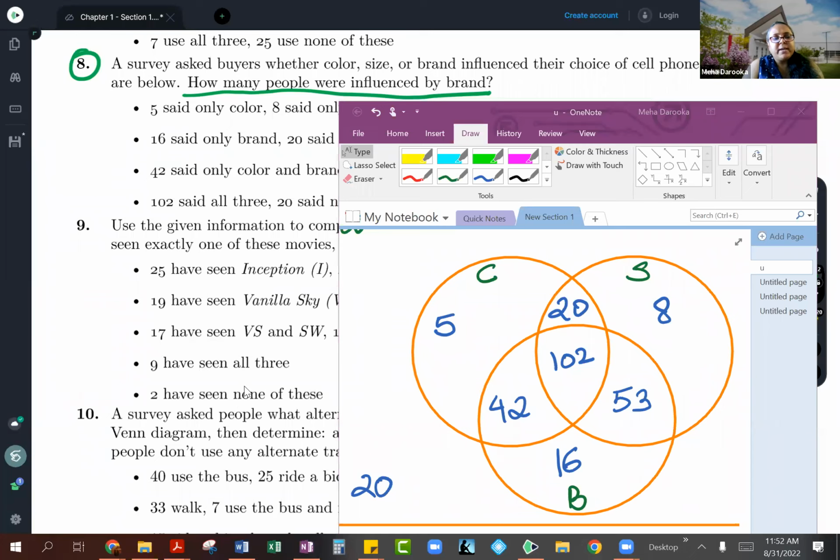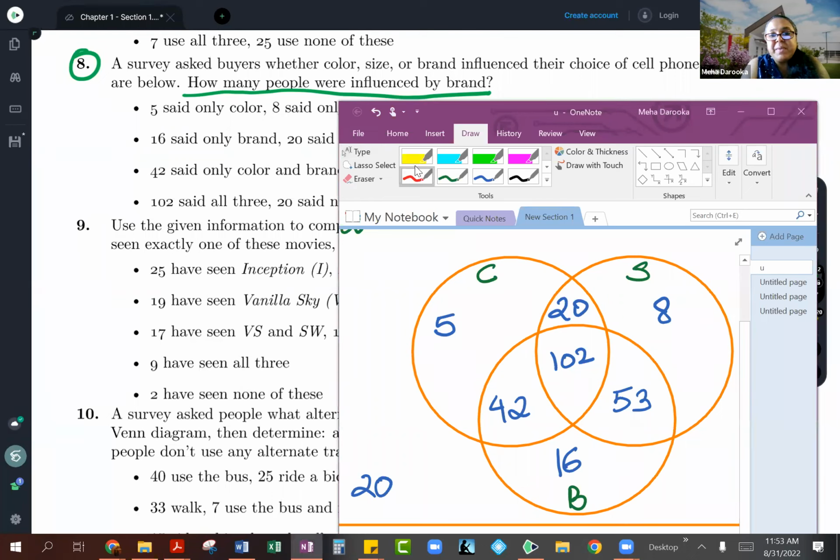Okay, so when we're talking about how many people were influenced by brand, the one thing you have to notice here is they are not saying only brand, right? They didn't say only. So it's definitely not going to be 16, because that's a number they've already given us. So when they're saying brand, you are actually looking at all the values that fall under the circle for the brand.